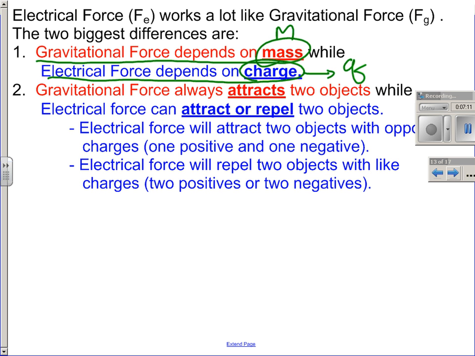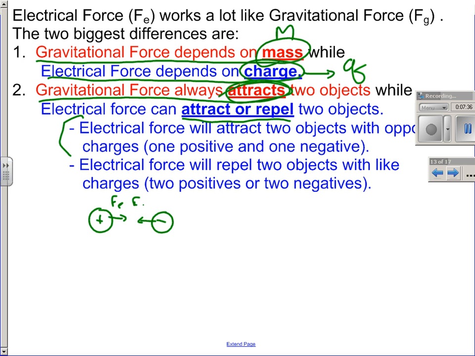Okay? The other big difference is this. Gravitational force always attracts two objects. Electrical force can attract or repel depending on the charges. And it turns out, you know this, opposites attract, right? And like charges repel. So if you've got, for example, a positive charge and a negative charge, those are oppositely charged, so the electric force is going to cause them to attract towards each other.